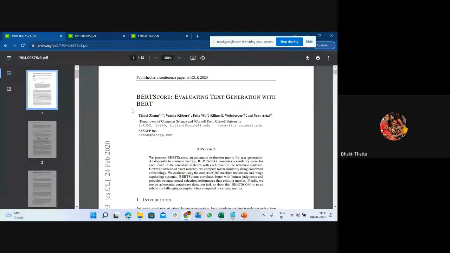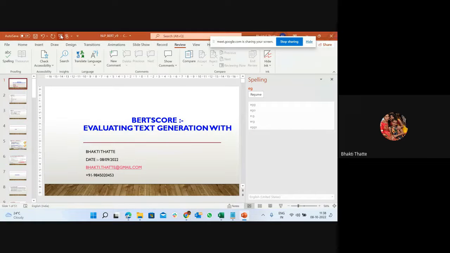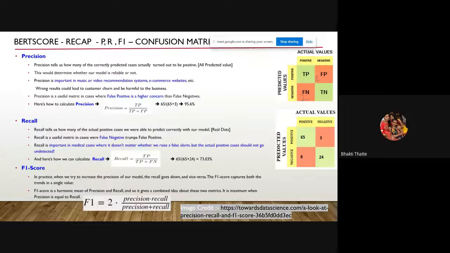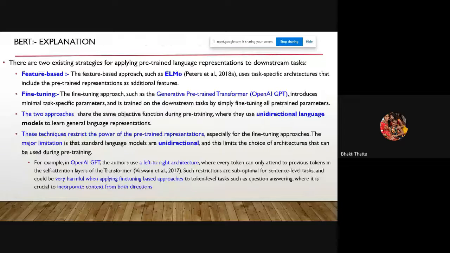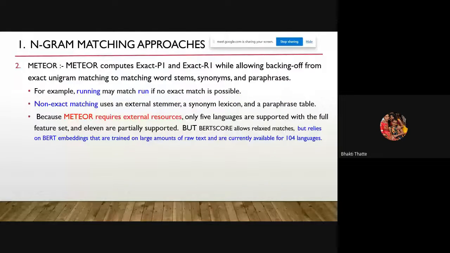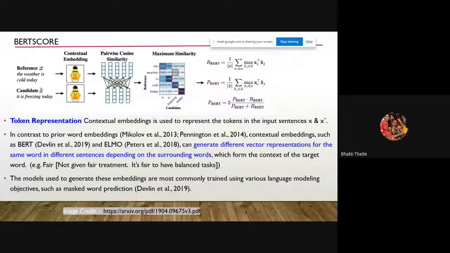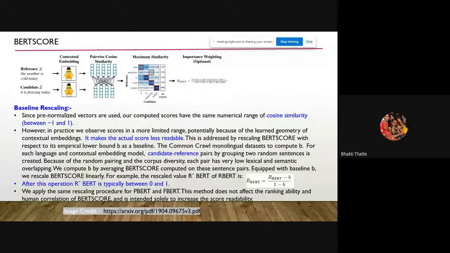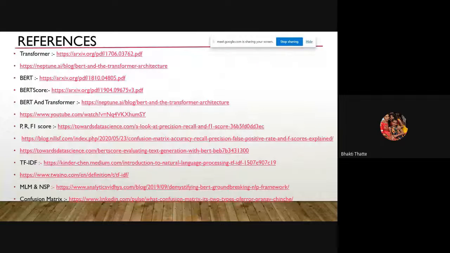If you want a much deeper dive, you can refer to these papers and whatever references I have given here. This one is basically the transformer paper, this is BERT and this is the BERTScore paper.